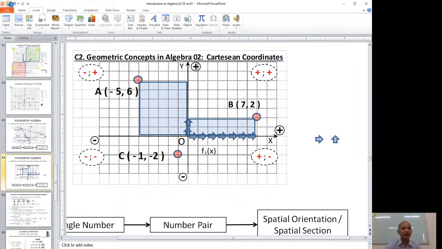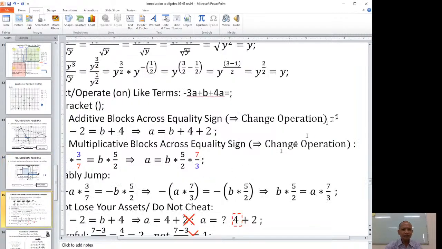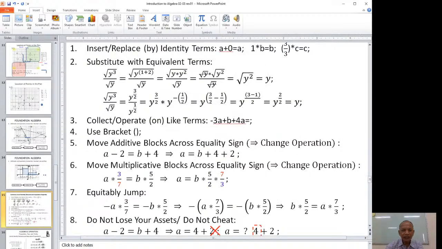I hope everybody understand about the negative, positive, up, down coordinate of the point.